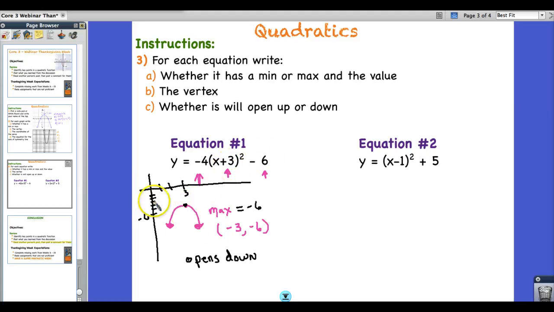This +3 means it shifted right. Oh, sorry, it's a -3. Did I say -3? Oh, I didn't draw it very well. This should be minus. Sorry, you guys, minus. My graph actually, the scale goes down here, not over there. So it means it shifted to the left. There, how's that? Shifted to the left 3. Okay, so there's your 1, 2, 3, and then it shifted down 6. And so that's how I got my vertex, which then tells me my maximum.